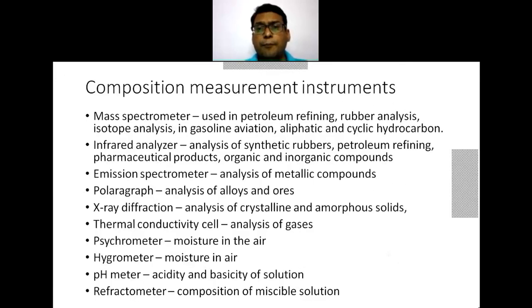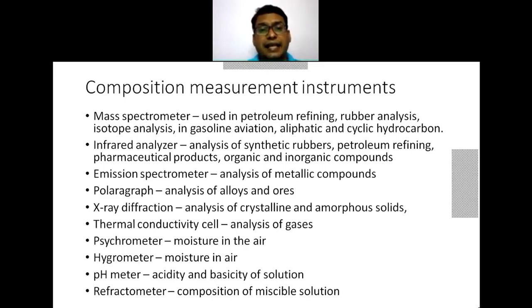Then there are composition measurement instruments, that is mass spectrometers, which are used to measure the composition of petroleum products, rubber products, and aliphatic and cyclic hydrocarbons, or you can say the different hydrocarbons.